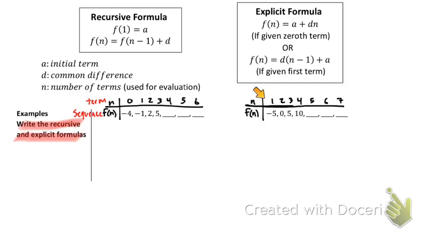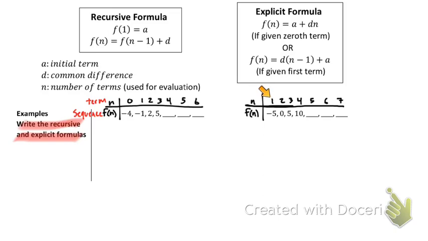Now let's shoot over here. So again, these are the terms in your sequence. The first term is negative 5, the second term is 0, and so on. I want you to notice the difference between these two examples. This sequence here has a beginning term or initial term. So notice what your A value says, initial term. Your initial term starts at a 0 term.